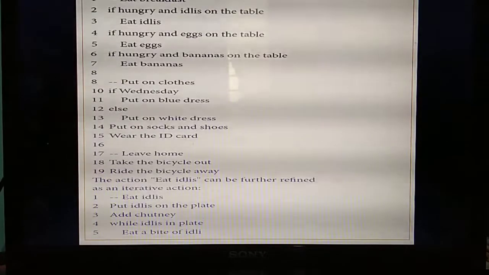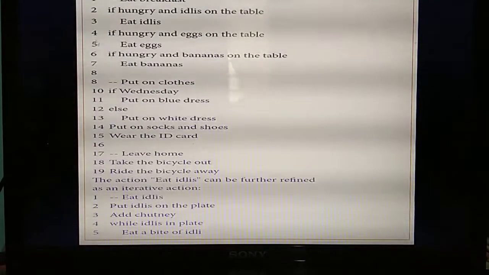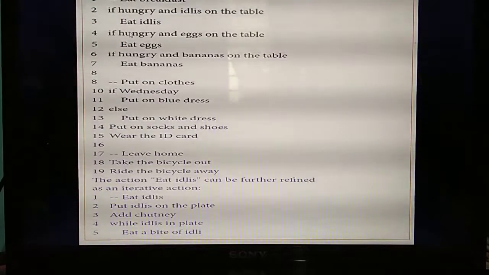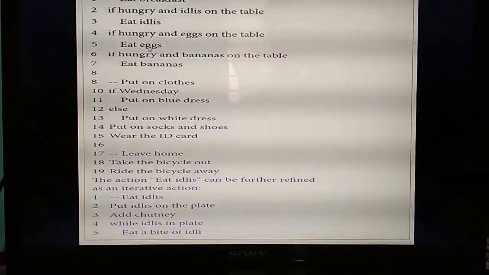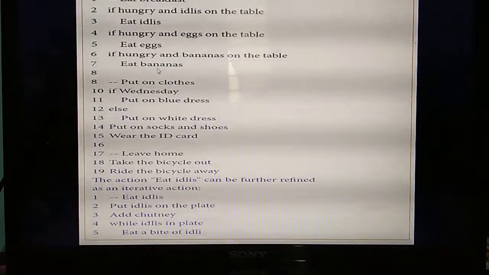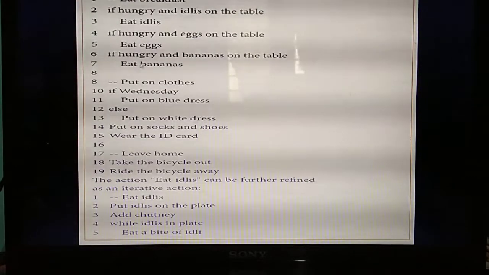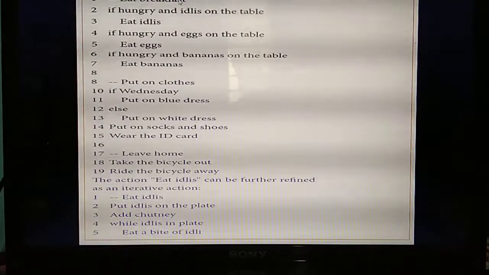Listen. So, eat breakfast, when will he eat? If he is feeling hungry and idli is on the table, he or she will eat idli. Next, when will he eat egg? If he or she feels hungry and egg is on the table, he or she will eat egg. Next, when will he eat banana? If he or she feels hungry and banana is on the table, he or she will eat banana. So the first task is completed, eat breakfast.